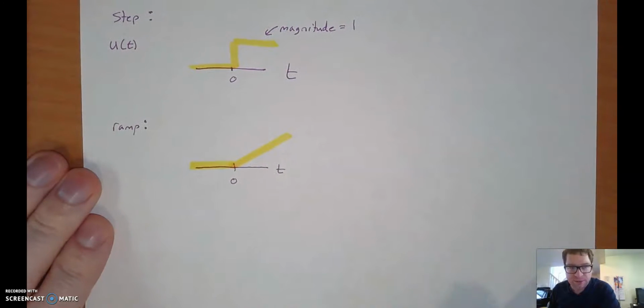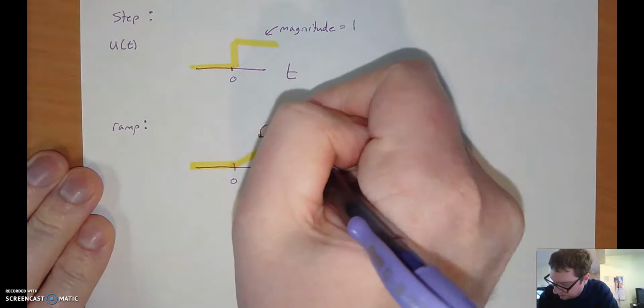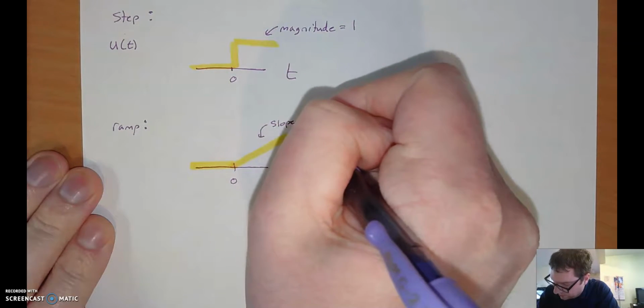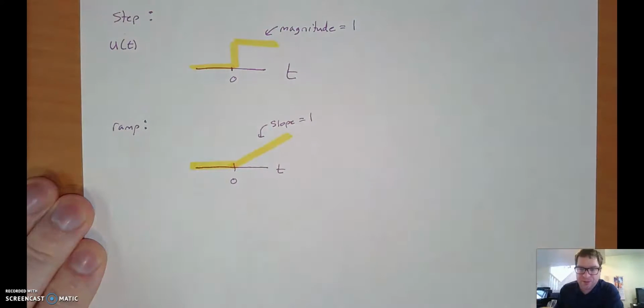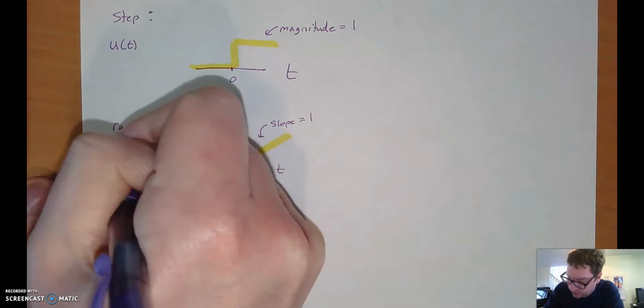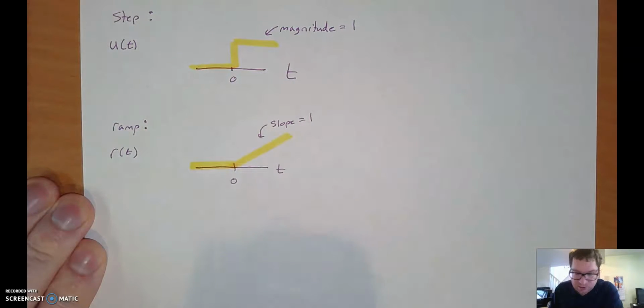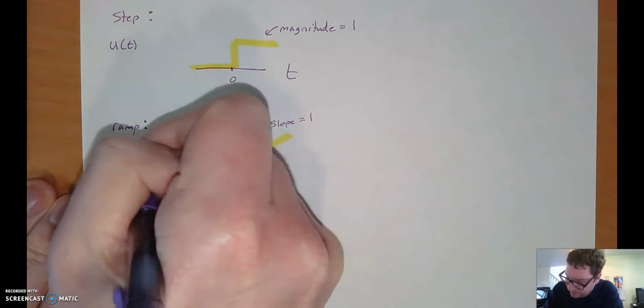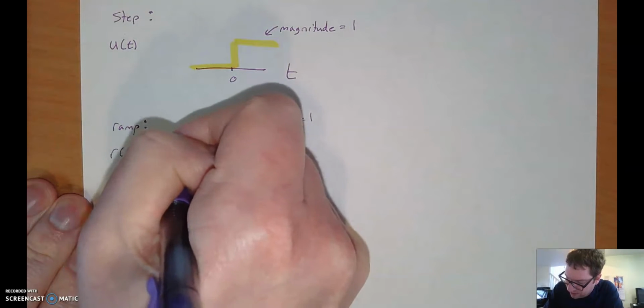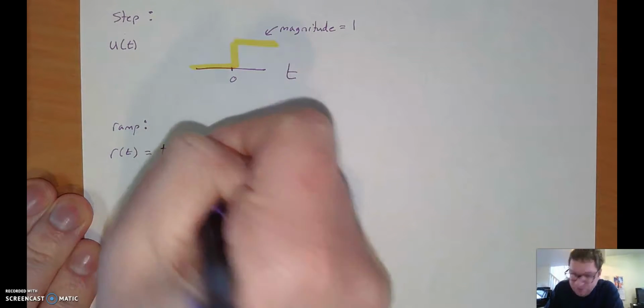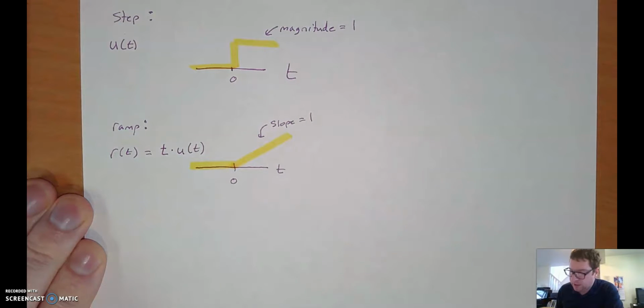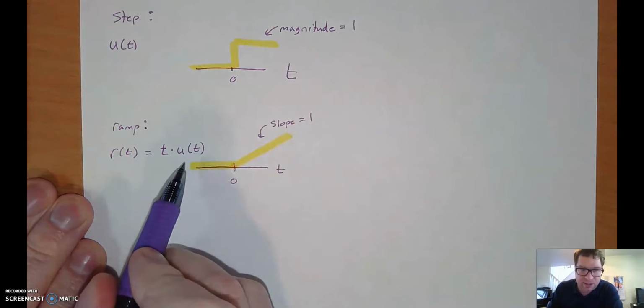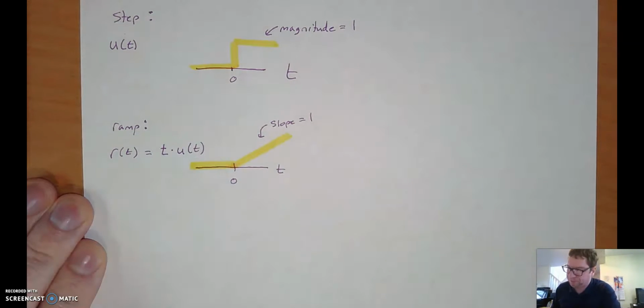If it is a unit ramp function, the slope will be equal to 1, so rise over run equals 1. That is r of t. We can also write this as t times u of t. Like I said, u of t, the step function, is the more common form that you're going to see.